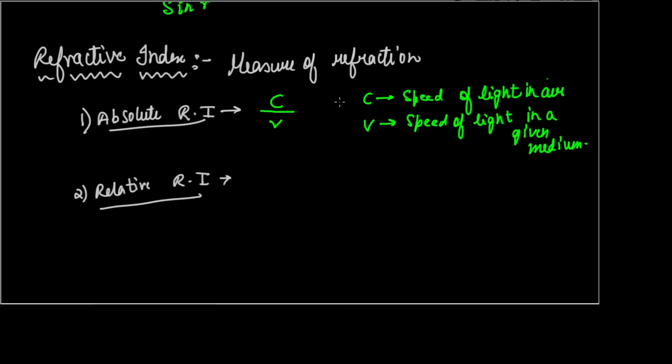This is denoted as mu, a Greek letter which denotes refractive index. Mu1 in a particular medium 1 is the ratio of the speed of light in vacuum to the speed of light in medium 1, v1. In your textbook it is n; you can use n or mu. So c by v1 is equal to mu1. That is absolute refractive index.